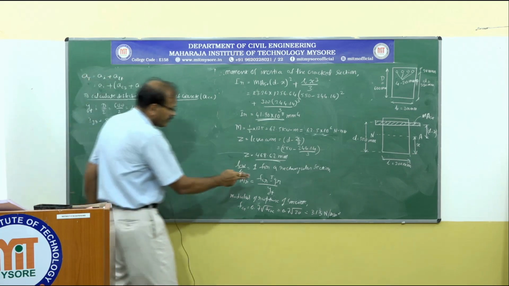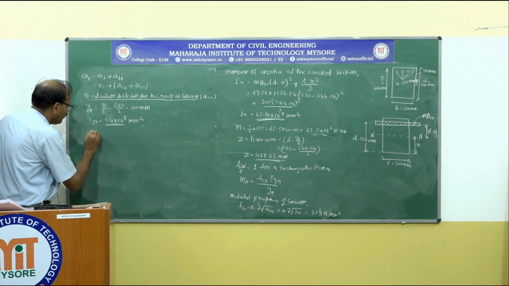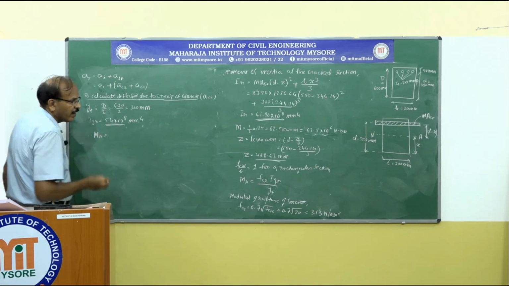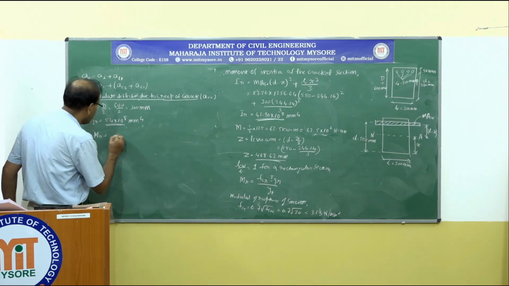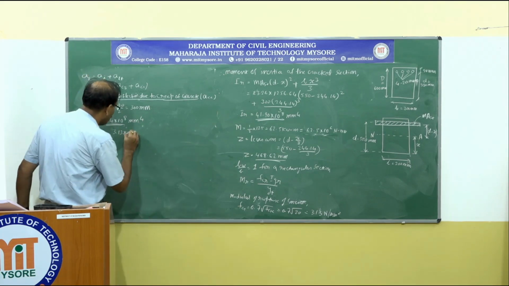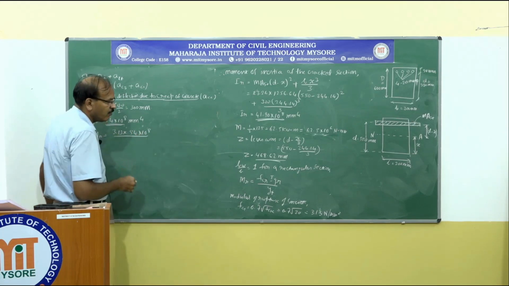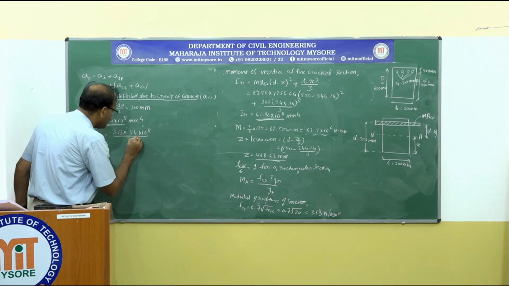Igr is known here, fcr is known, yt is known, therefore Mr equal to fcr, 3.13, into Igr, 54 into 10 to the power of 8 millimeter to the power of 4, divided by yt, which is 300.